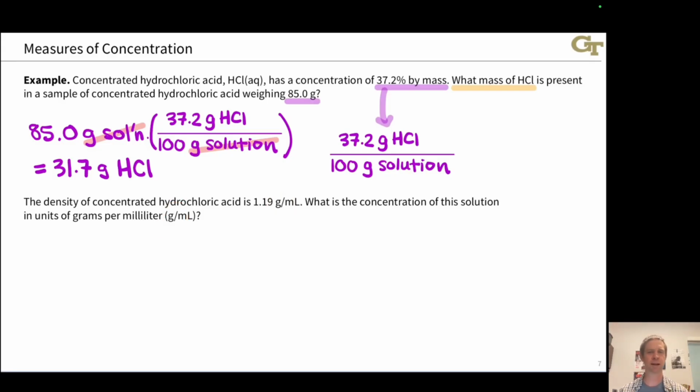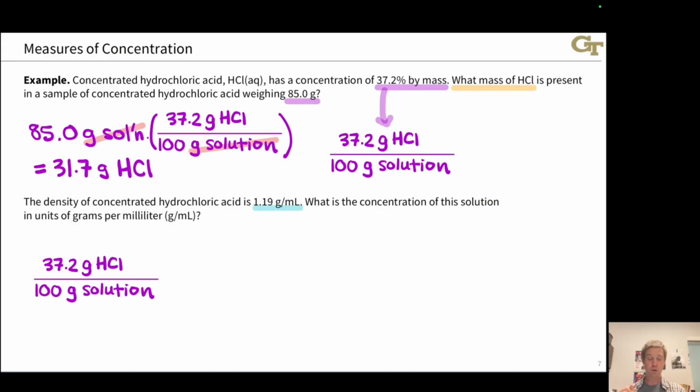All right, so how do we begin thinking about this? Well, let's start again with this proportionality between the grams of HCl and the grams of solution. In essence, we want to convert this percent by mass concentration into a concentration in units of grams per milliliter. And we can do that by thinking carefully about the density. So I'm going to switch up colors here so we can think about the density, 1.19 grams per milliliter.